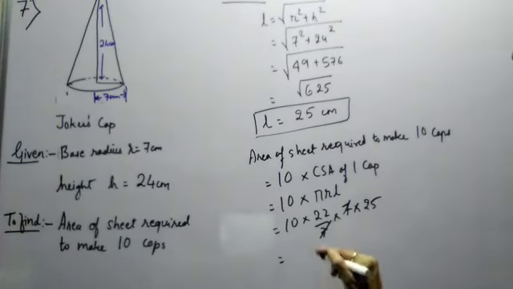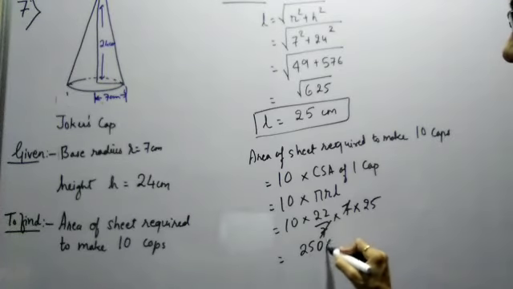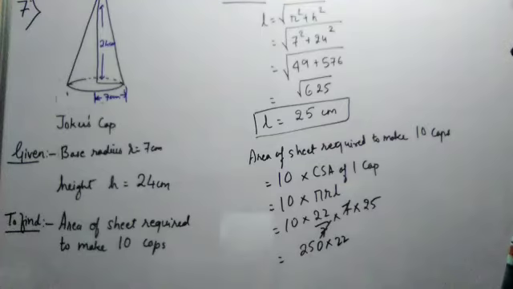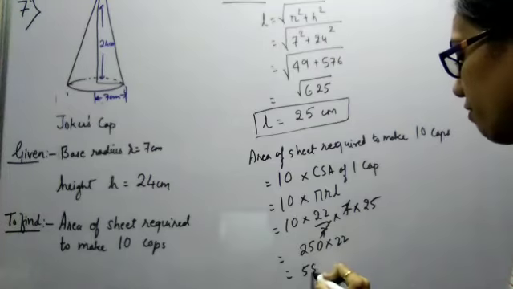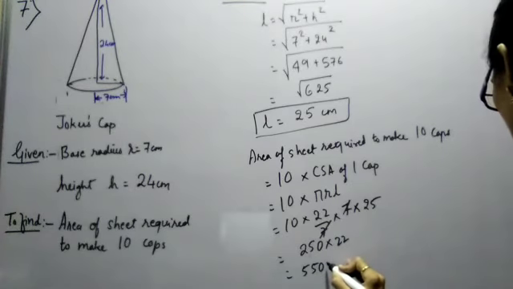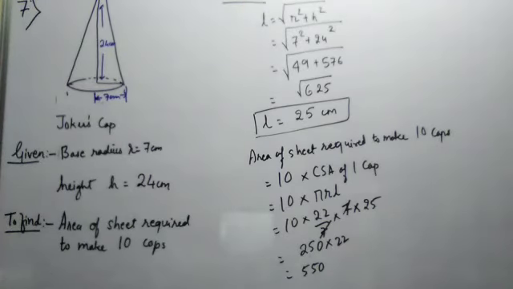So it is 25 into 10, that is 250 into 22. So 250 into 22, that means you are going to get 5500 square centimeters.